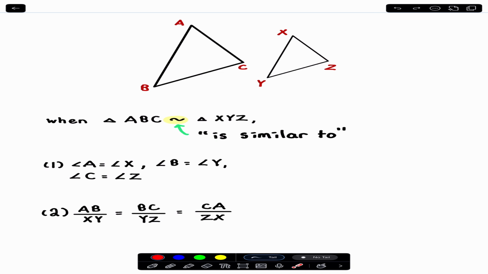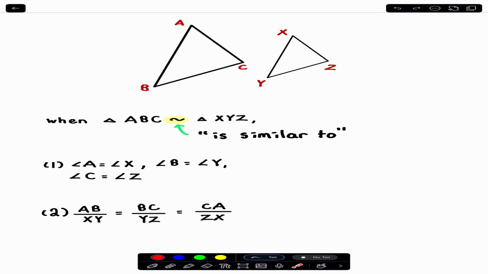So that's why we wrote it like triangle ABC. So first A, then B, then C, therefore first X, then Y, and then Z. So you can think of it as going around with these little arrows, okay? A, B, C to X, Y, Z. Notice, it is not A, B, C to Z, Y, X. And we're going to see how that can mess things up.